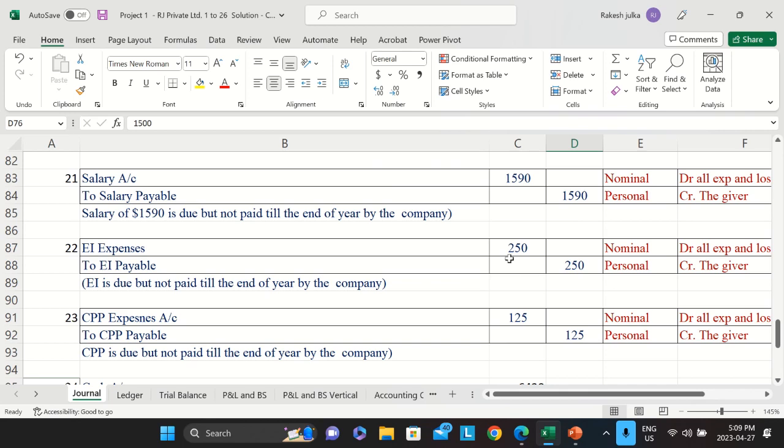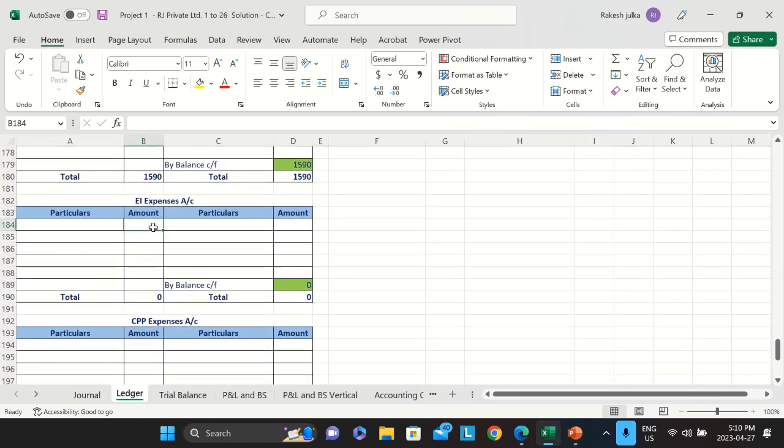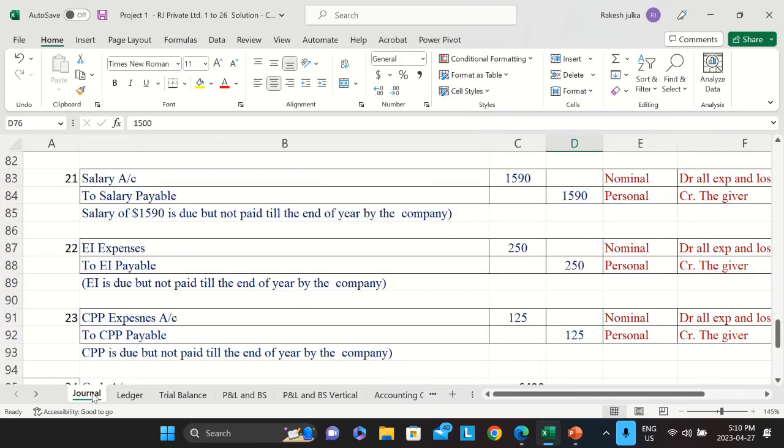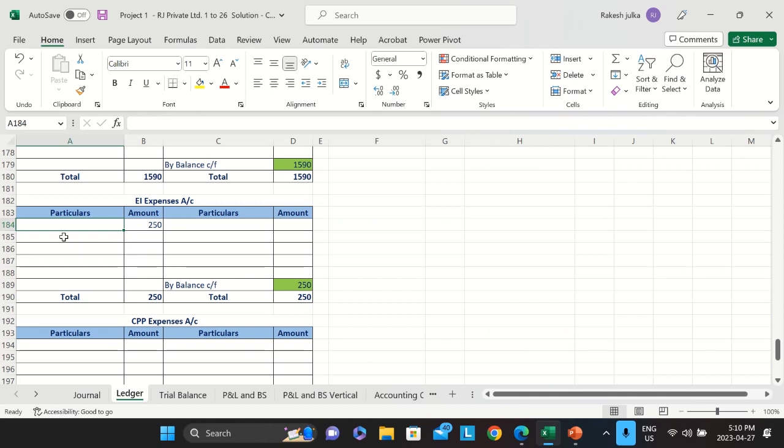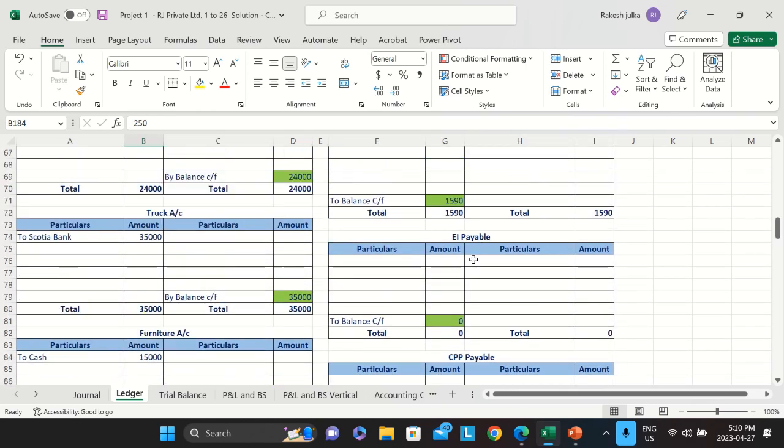EI expenses, 250. EI is the expenditure, 250. I can write 250 here manually and go to EI payable. So in EI payable, "by EI expenses", 250, right here.